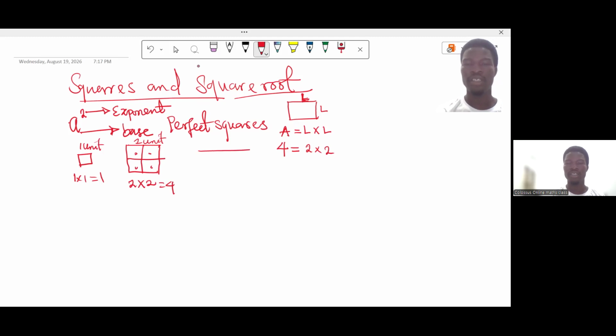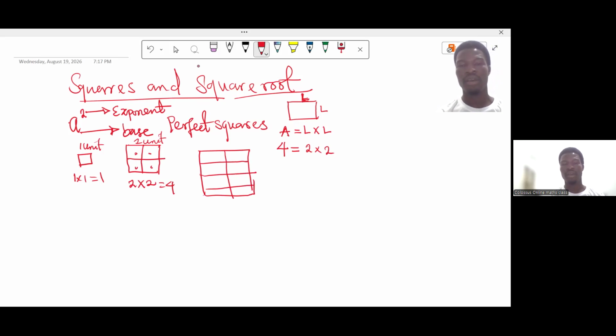Then look at 3 units. If I have 3 units like this, look at 1, 2, 3. Sorry, let me jot that part very well.